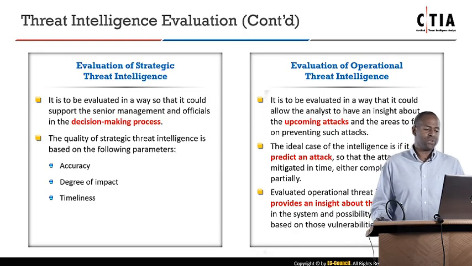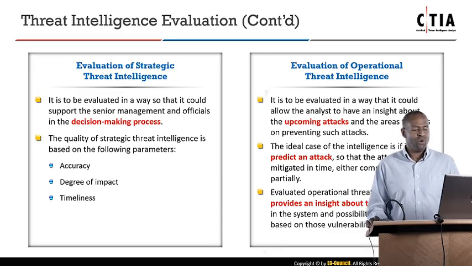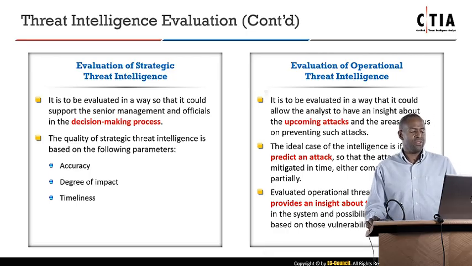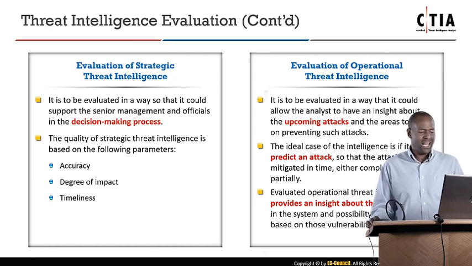But first of all, when we're talking about the evaluation of strategic threat intelligence, this is threat intelligence that's going to be evaluated in a way so that it supports our senior management or officials who are part of the decision-making process. And there are some qualities and parameters that we need to look at in terms of threat intelligence when we're talking about strategic threat intelligence.